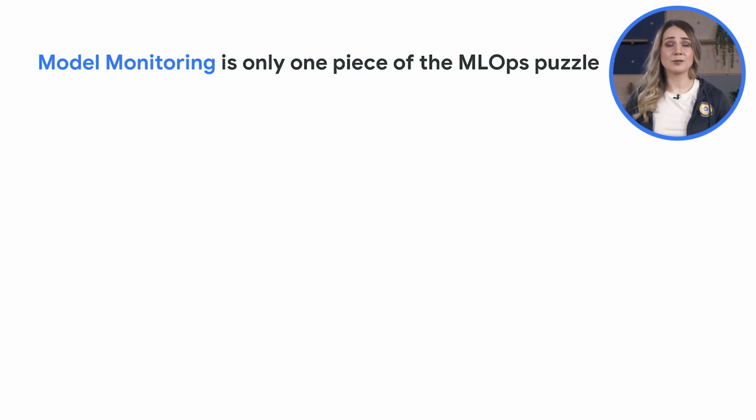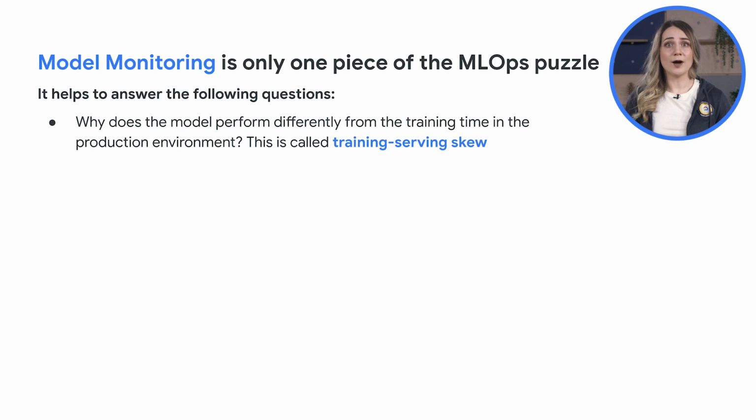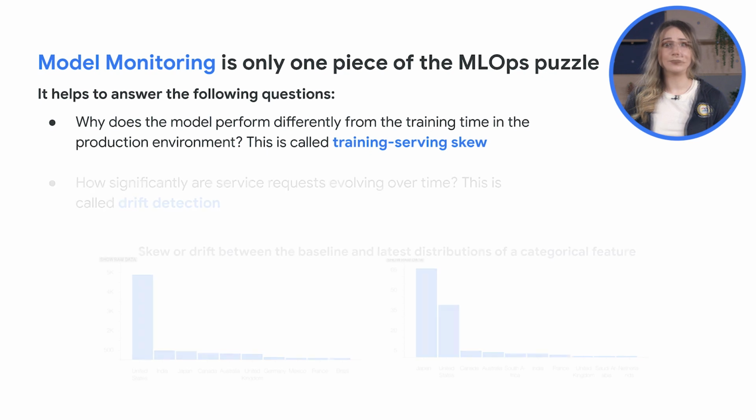I would like to explain a bit more about training serving skew and data drift detection. It helps to answer the following questions. Why does a model perform differently from the training time in the production environment? This is called training serving skew. This skew can be caused by a discrepancy between how you handle data in the training and serving pipelines, a change in the data between when you train and when you serve, and many other reasons.